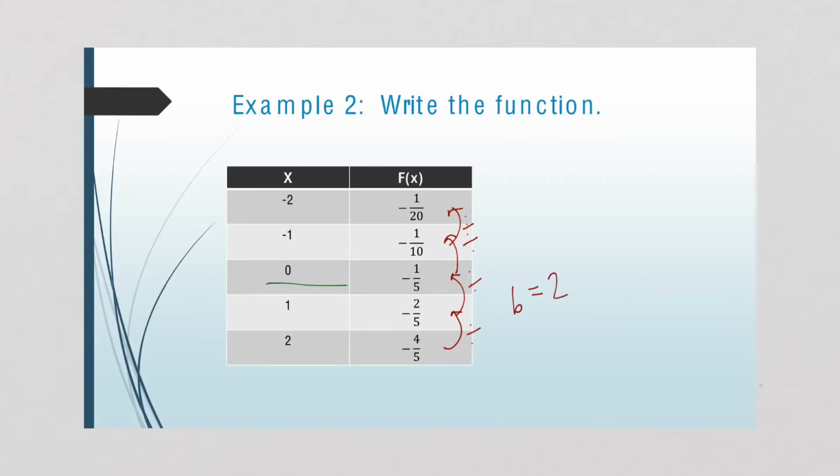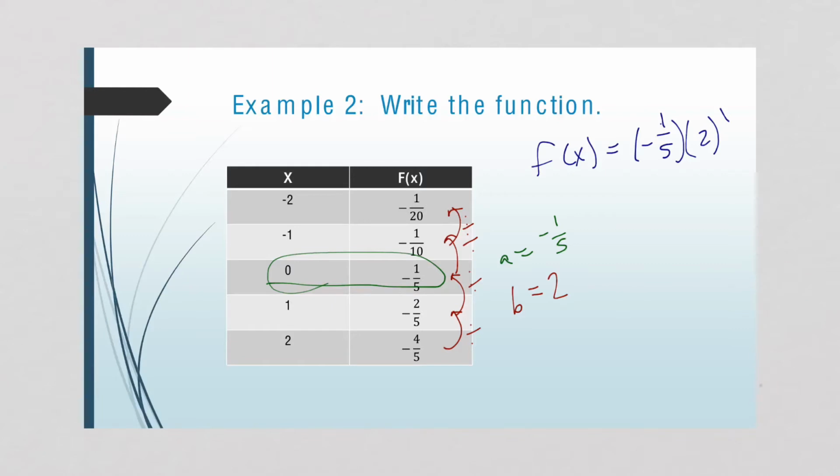A, recall, was what happened at 0. So A equals negative 1/5. So my function becomes f of x equals negative 1/5 times 2 to the x.